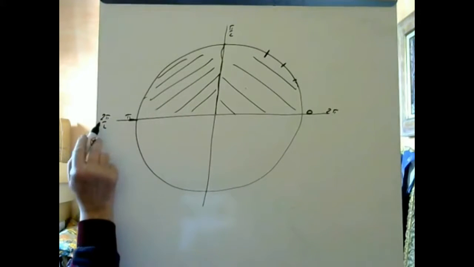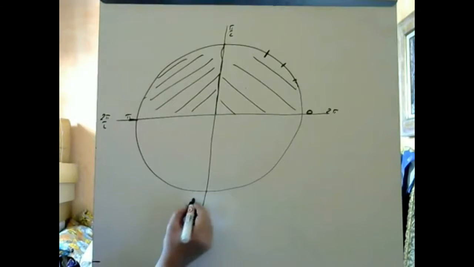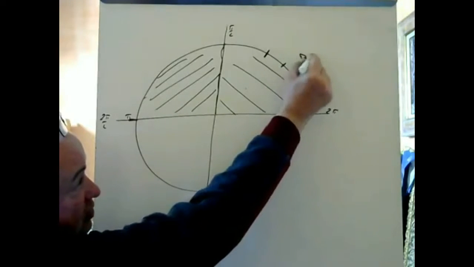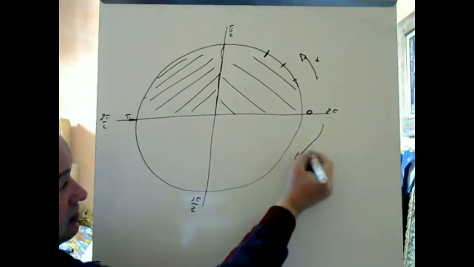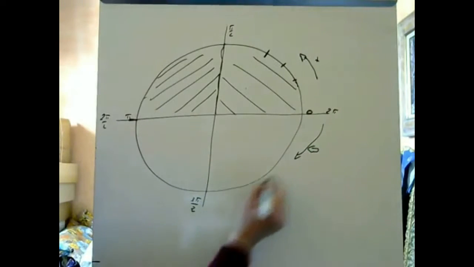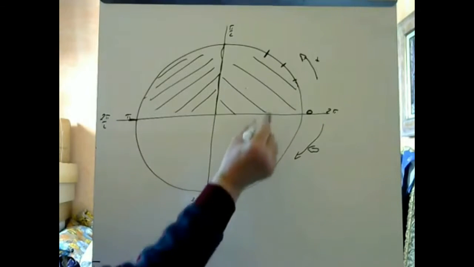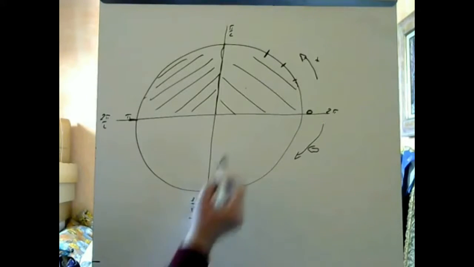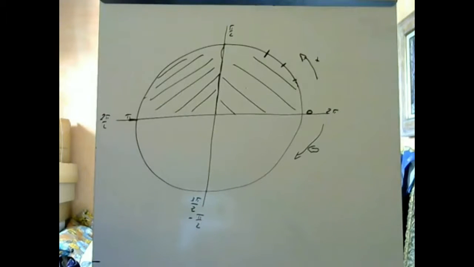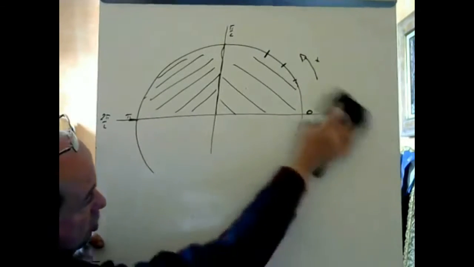So here we have 2 pi over 2. That is, we have 2 portions of pi over 2. Here we have 3 portions. We're going in the positive direction. And if we go in the negative direction, we have minus 1 portion of pi over 2. And again, to have 1 portion of pi over 2, we take minus pi and we divide it into 2 equal parts. And that gives us a minus portion of pi over 2.